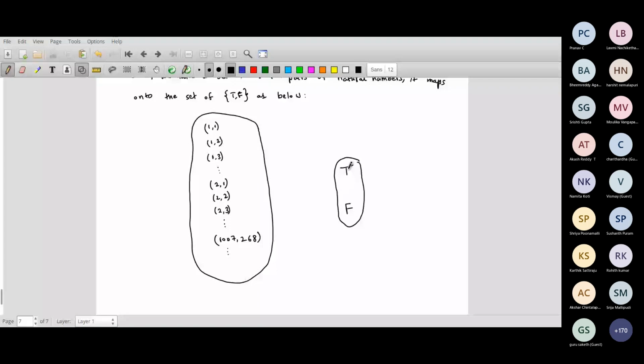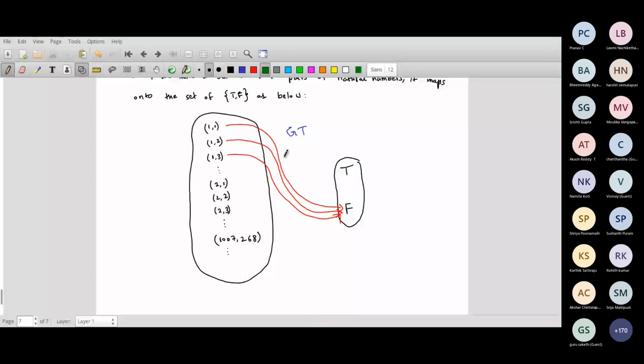Now here the relation is greater than. Okay, now if you take any pair from this set, does it satisfy this relation or not? If it does not satisfy, it maps to false. Is 1 greater than 1? No. So it maps to false. Is 1 greater than 2? No. So this also maps to false. Is 1 greater than 3? No. Is 2 greater than 1?